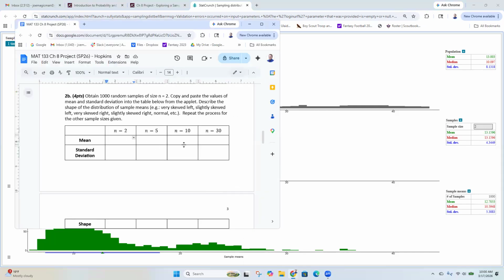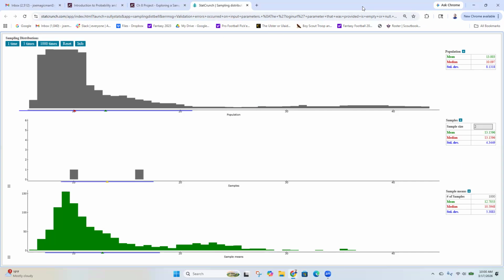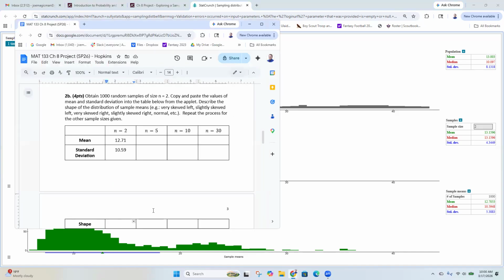This time my mean is 12.71. My standard deviation is 10.59. And my shape: taking a look at my green distribution down here, I agree with you guys. It is skewed right. Now, the question is asking, don't just say if it's skewed right.